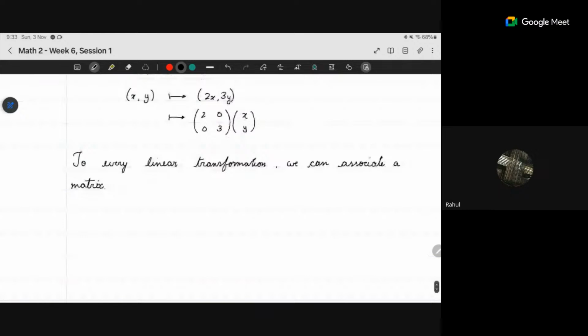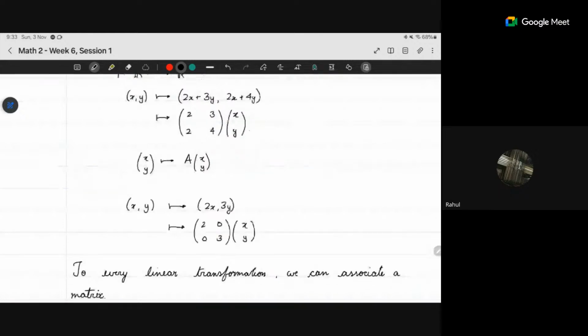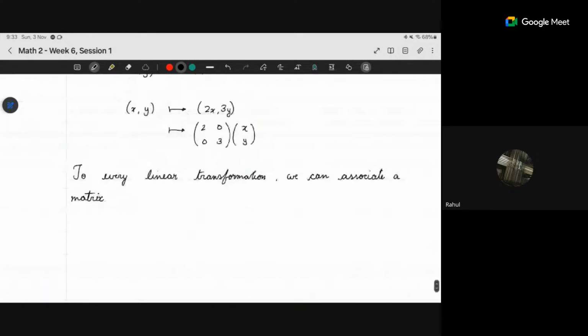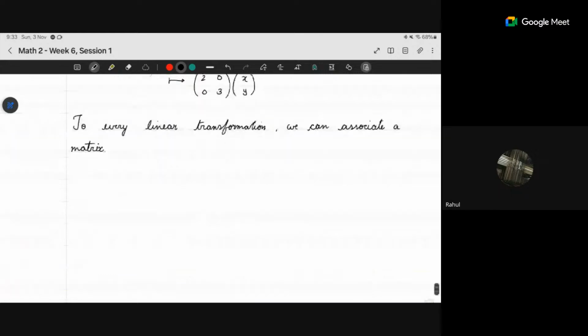But for Rn, this is maybe sort of obvious. But what about arbitrary vector spaces? How do I say what the matrix of a transformation is if I'm giving you some polynomial space? So to formalize this, what we look at is the following.